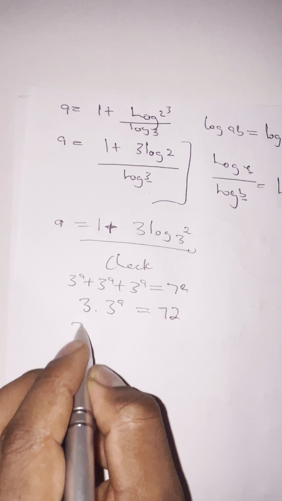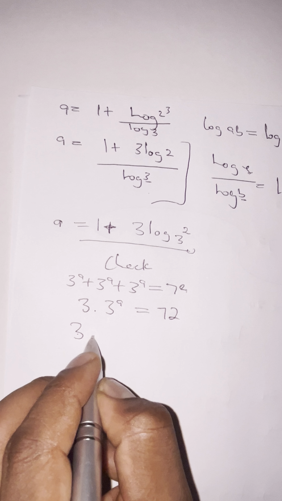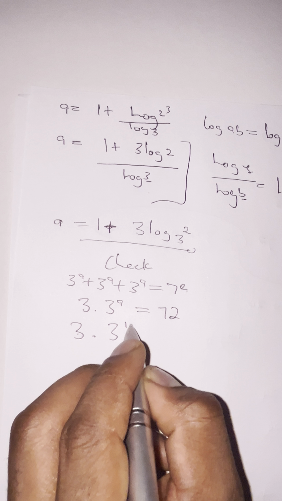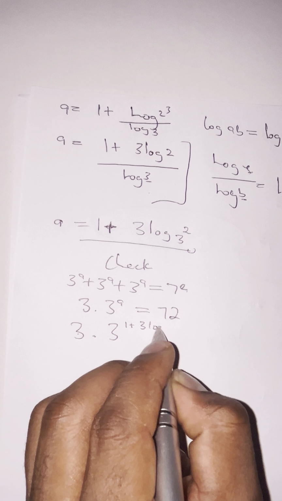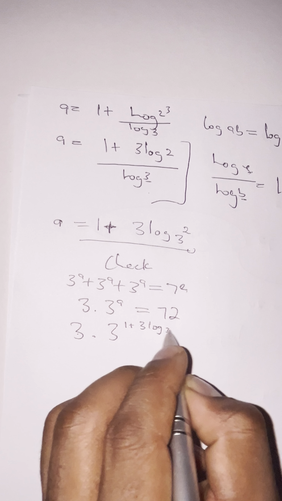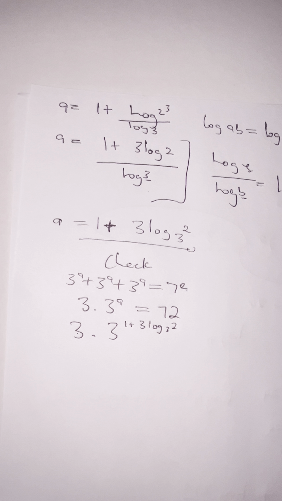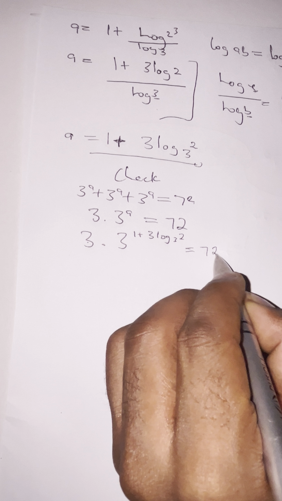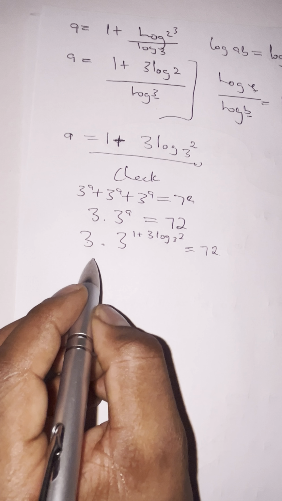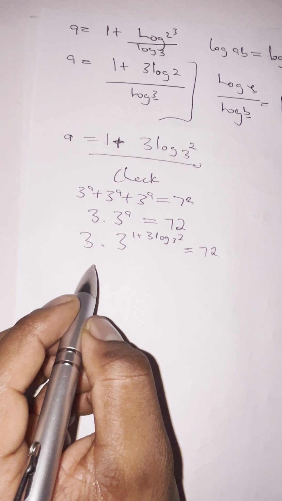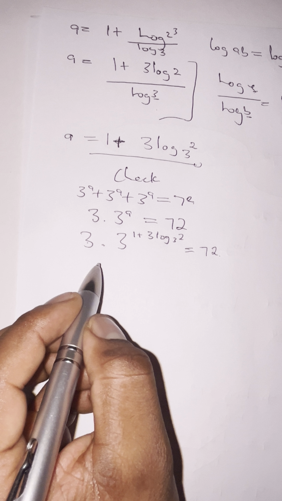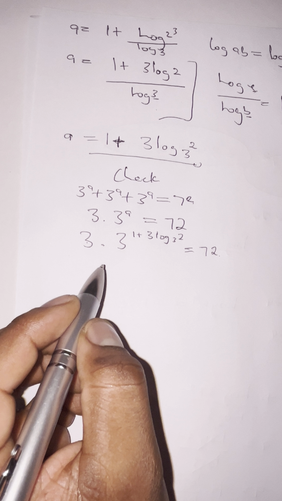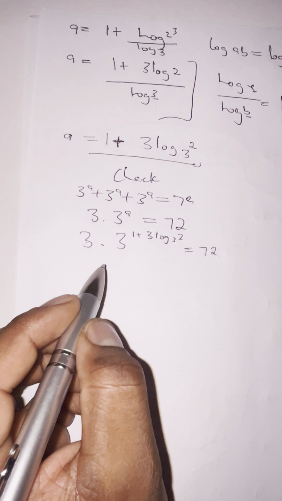Now 3 multiplied by 3 to the power of 1 plus 3 log base 3 of 2 is equal to 72. Now this gives us 9. So what do we say?